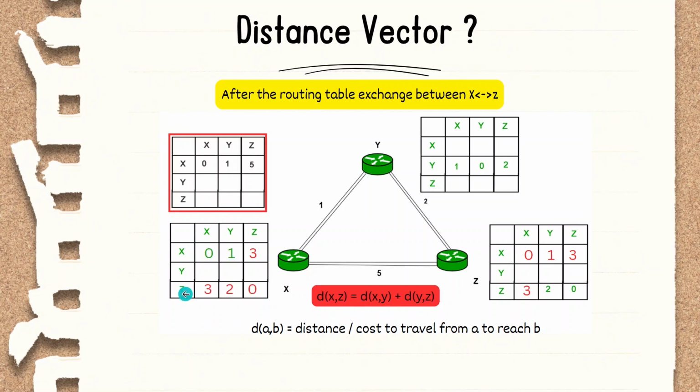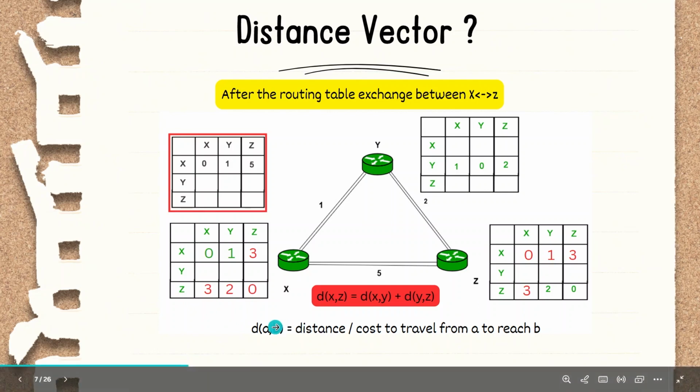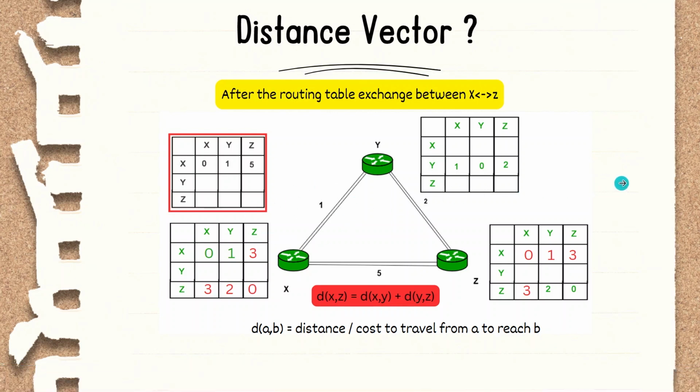So for this router Z, these are the entries, and these are the updated values. So whatever these are in the red, and D of A comma B, as I said, is nothing but the distance or the cost to travel from A to B. So this is how distance vector is running in the background.